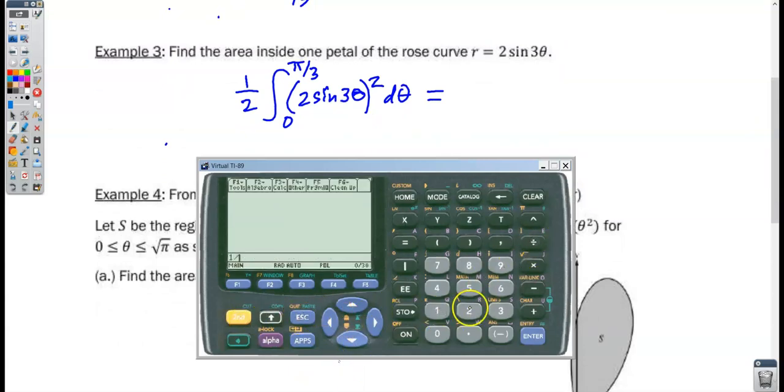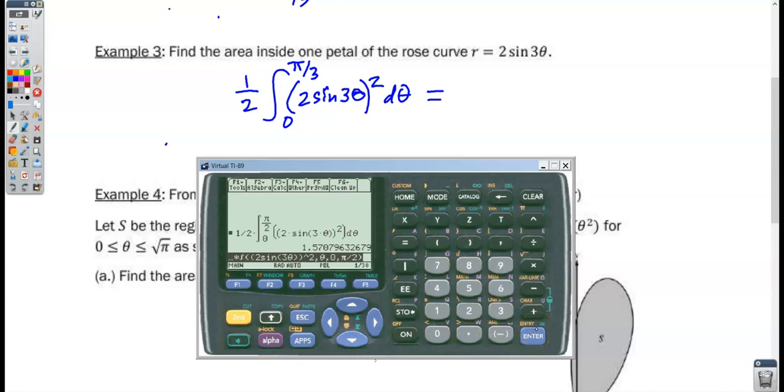I've got 1/2 times the integral of the quantity 2 sine of 3 theta, quantity squared, with respect to theta, from 0 to pi over 2.